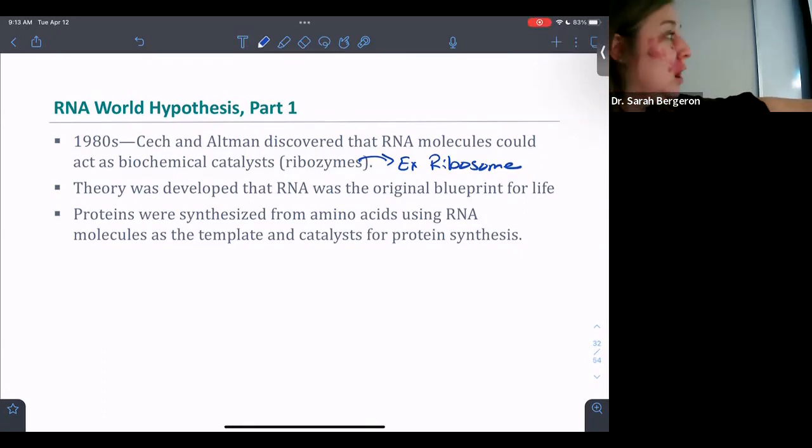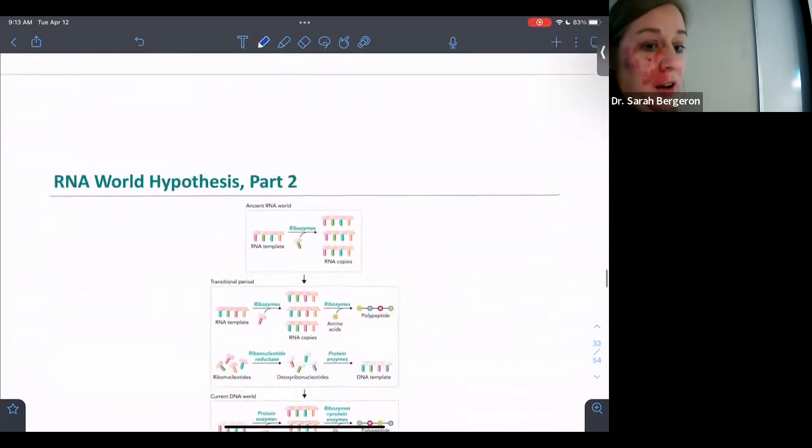We were able to convert the RNA to proteins using amino acids, right? So all those functions could be done with just RNA. Is it the best? No. Is it the most efficient? No. But technically, RNA can do them all.